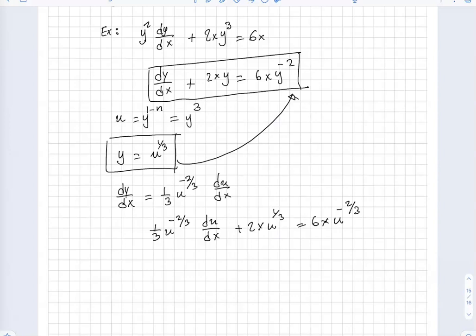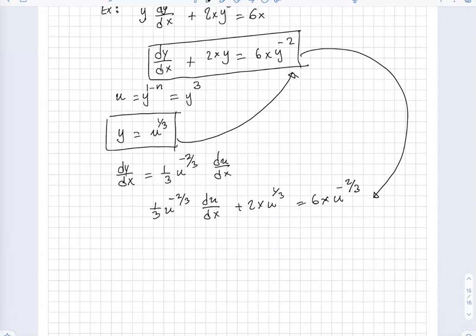So once you substitute u to the 1/3 for y in this equation, the end result is this quantity, and you see u to the minus 2/3 on the right hand side, and on the left hand side you have u to the minus 2/3. So you can divide everything by u to the minus 2/3, but also we don't want the coefficient 1/3 in front of du/dx, so we divide the whole equation by this coefficient, 1/3 u to the minus 2/3.